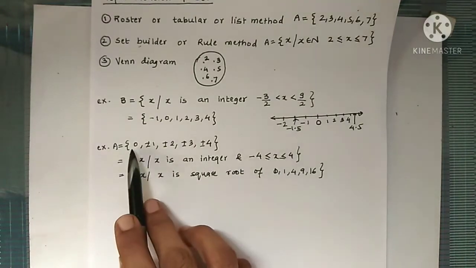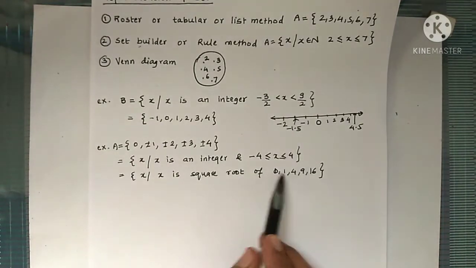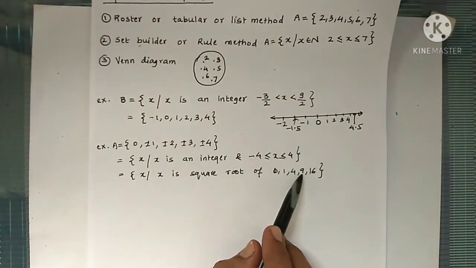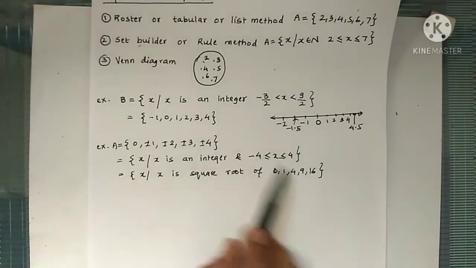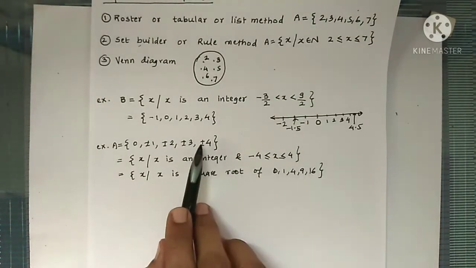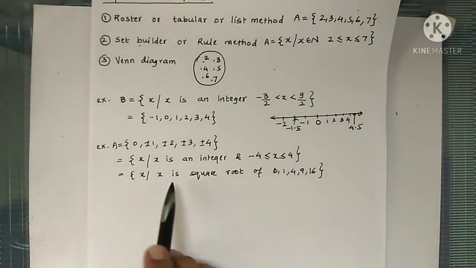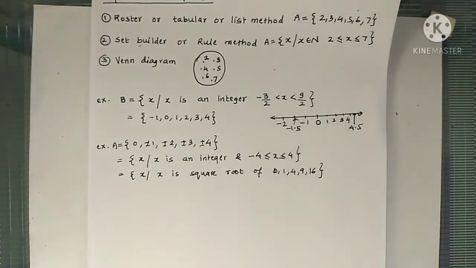Square root of 0 is 0. Square roots of 1 are ±1. Square roots of 4, ±2. Square roots of 9, ±3. And square roots of 16, ±4. So we can write it like this also. So using the rule method, we have now represented the set.